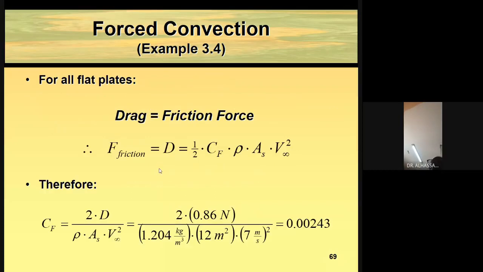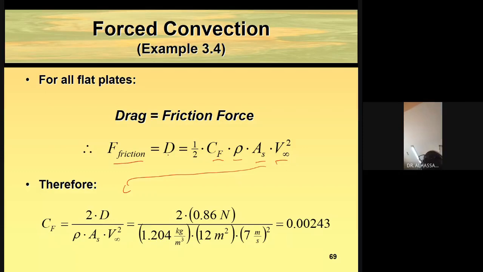Now the equation for the drag force is given by this: half the skin friction coefficient, then the density of the fluid, the area, then the velocity of the fluid squared. From here, we can determine Cf equals the whole of this.